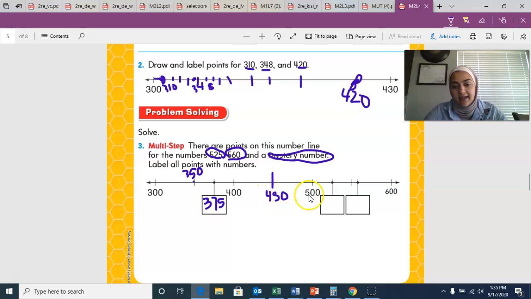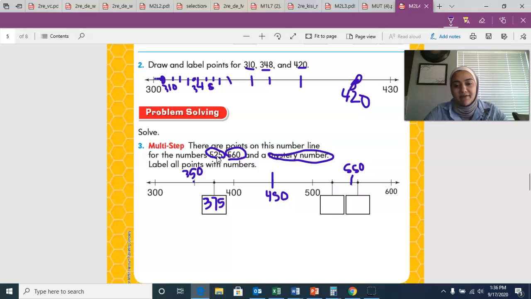And this is 500. This is 550. Right here, this is 550. So what would this be? This is going to be a number that's bigger than 500, but smaller than 550. Is 525 bigger than 500? It is.